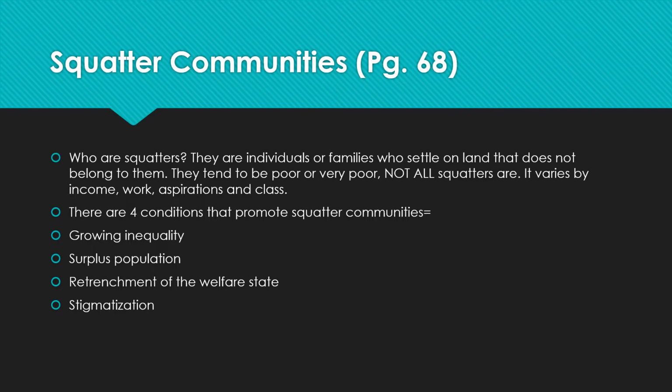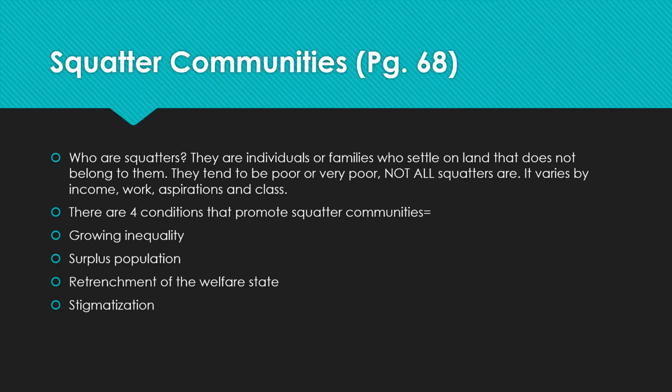So there are 4 conditions that promote squatter communities. These include growing inequality, as well as a surplus population, retrenchment of the welfare state, and then stigmatization. So let's look at each one. First, growing inequality.